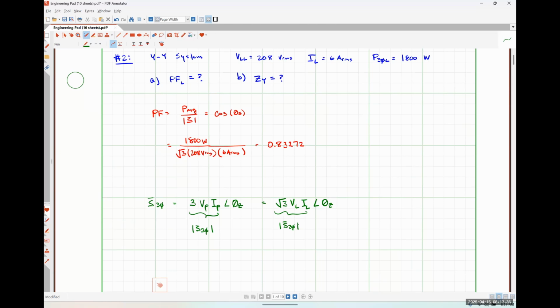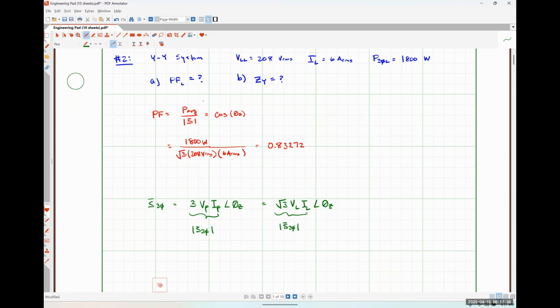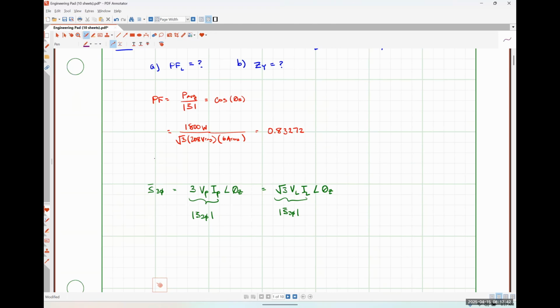So I could say that, let me do it in purple here, theta z is the inverse cosine of our power factor, which in this case came out to be 33.621 degrees, which is indeed a positive quantity.